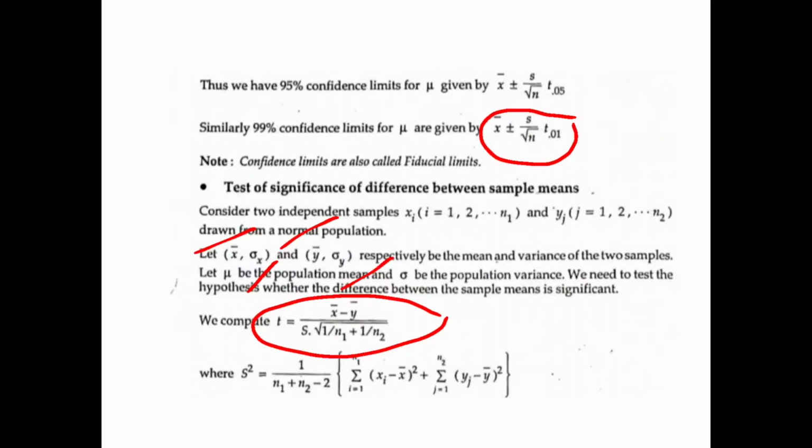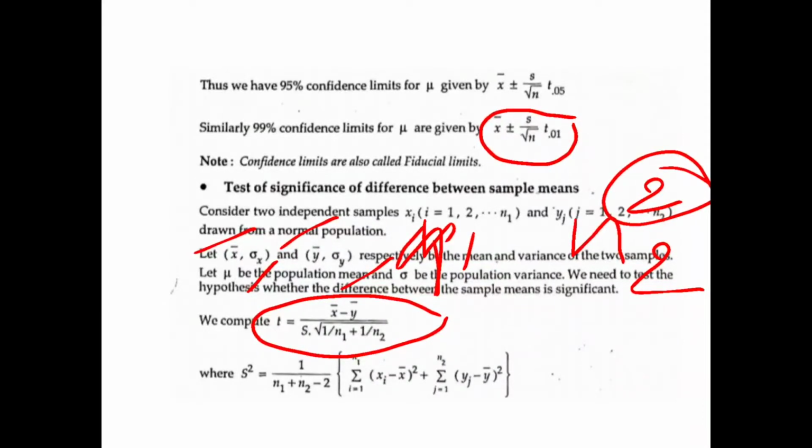Here t equals x bar minus y bar, the whole divided by s into under root of 1 by n1 plus 1 by n2, where n1 and n2 are the sizes of the samples drawn from the first and second populations respectively.